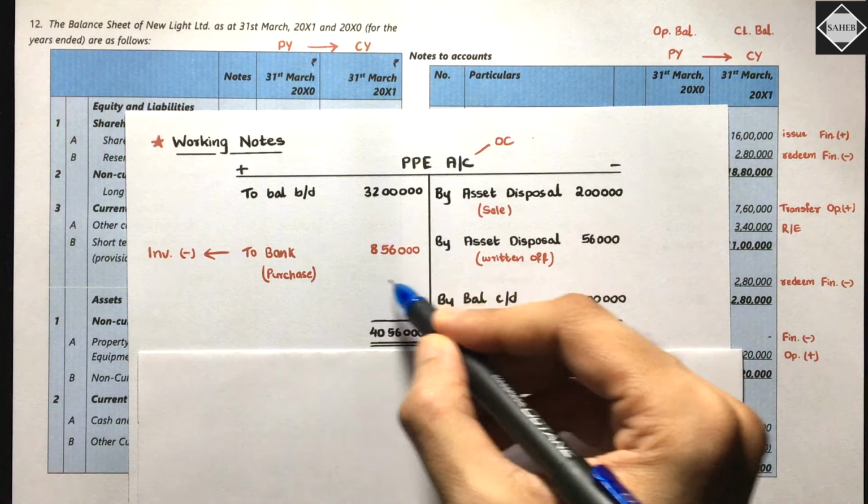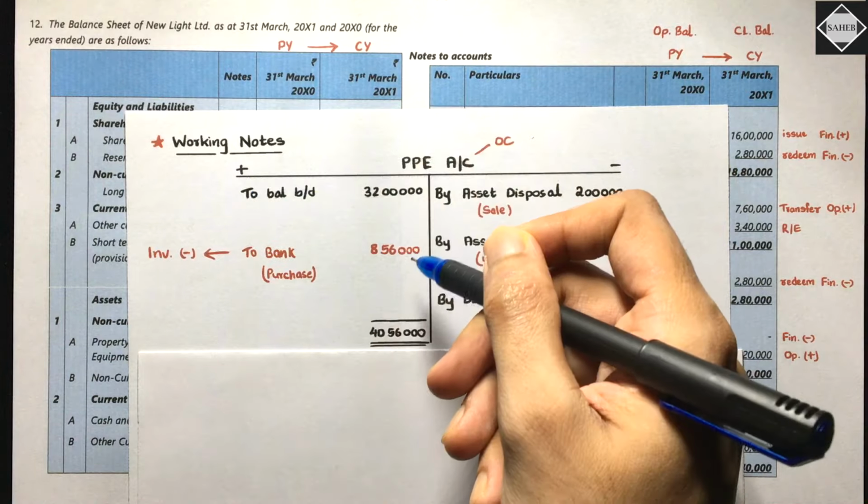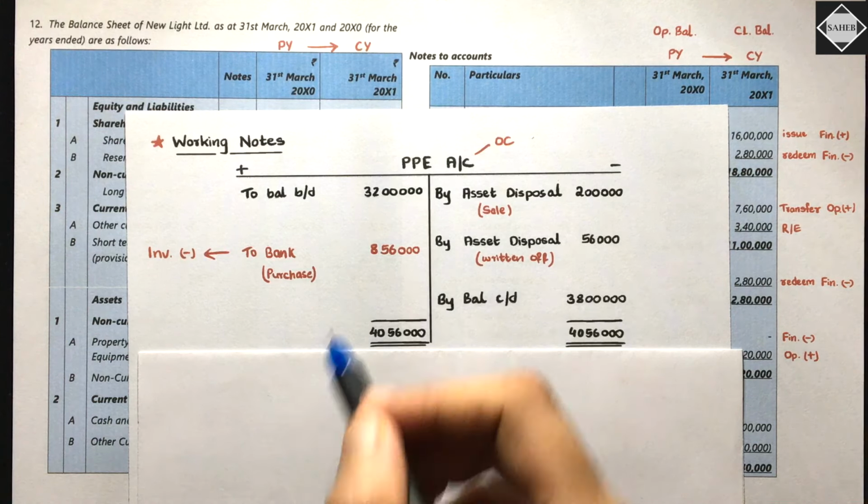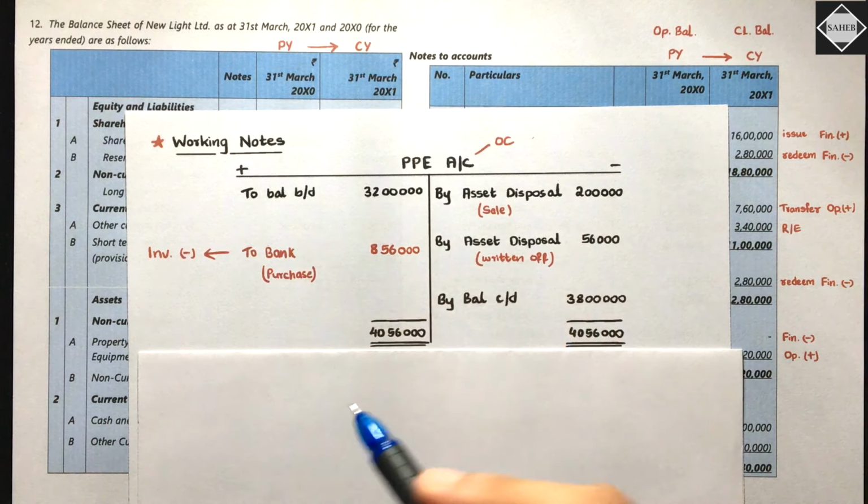It means this much amount has been increased in the PPE account. Why has it increased? Because we have purchased. That's our assumption, a valid assumption. Whenever there is a balancing figure on the debit side, we say it's a purchase of PPE. So to bank 8,56,000, it is affecting the cash. It will be subtracted in the investing activity. Is it clear? Simple and straightforward.